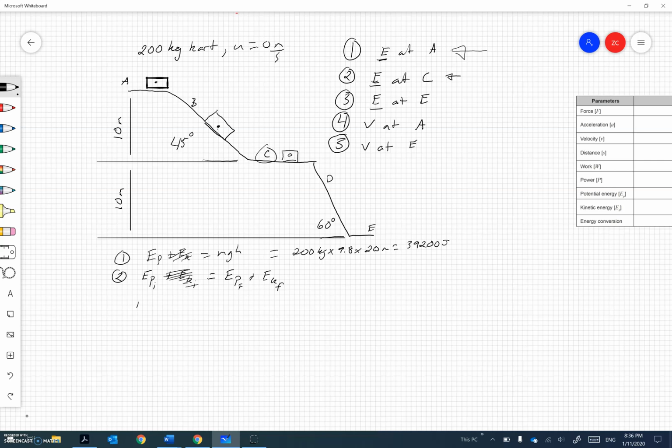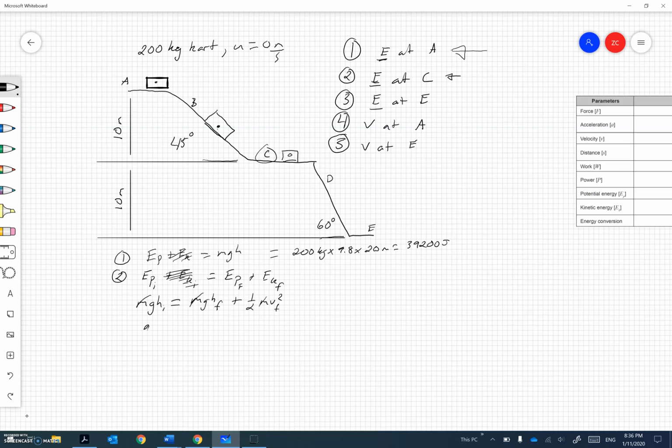So let's just write mgh initial is equal to mgh final plus 1/2 mv squared final. You notice that all the masses cancel out.